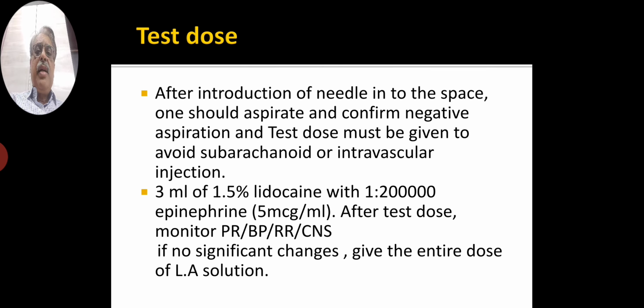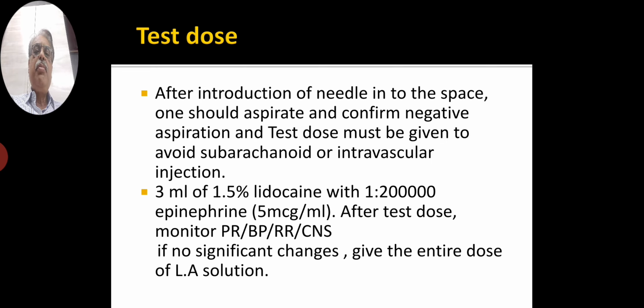Then we give the test dose. After introduction of the needle into the space, one should aspirate and confirm negative aspiration. A test dose must be given to avoid subarachnoid or intravascular injection. The dose is 3 ml of 1.5% lignocaine with 1 in 2 lakh epinephrine.